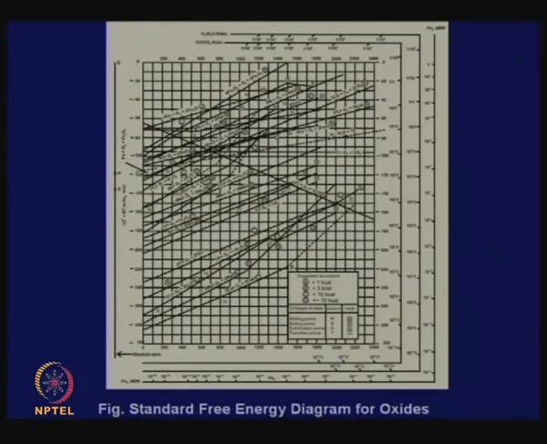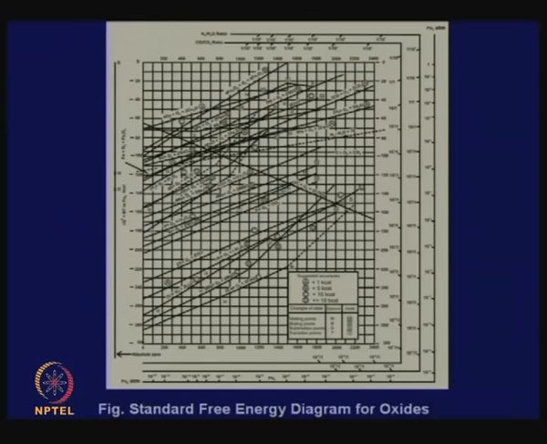Now, one of the most fundamental thermodynamic concepts that finds extensive application in understanding metallurgical reduction processes is what we call Ellingham diagrams. This will be discussed extensively in your thermodynamics course, and I assume you have studied it already.